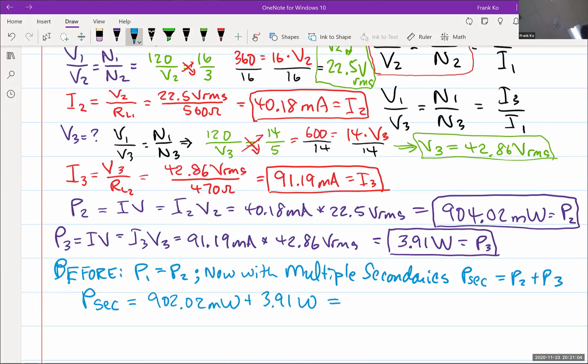So I'm going to hit plus and that. And so what do you get? 9.94 watts? Oh, no, I don't think so. It's 900 milliwatts. So it's less than 1 watt plus 3.91. So it should be 4 point something. Yeah.